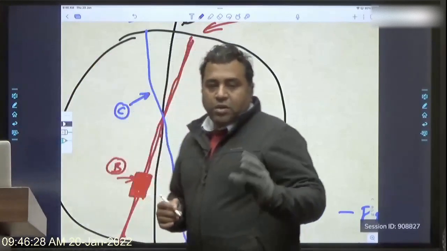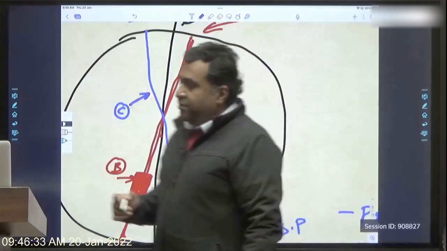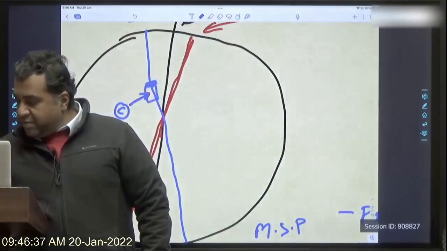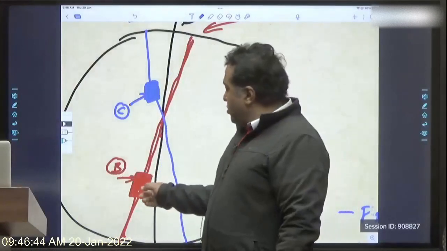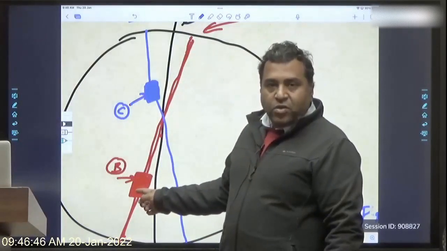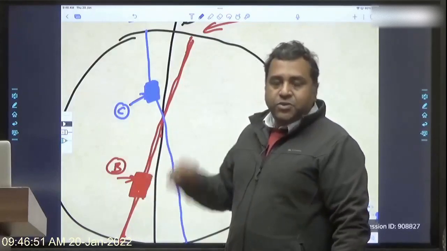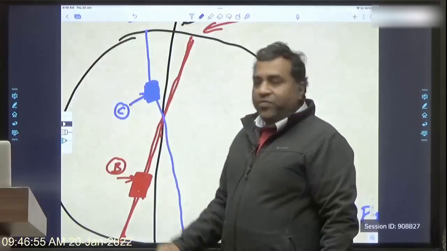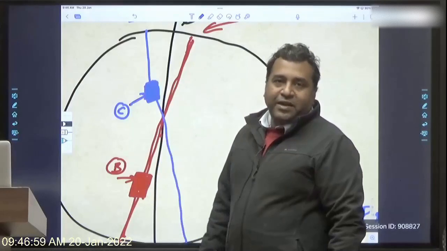The material that comes out at this place will align itself, and the magnetic rocks which come out of the eruption will align themselves like this. So if you go to this place, you will find the rocks magnetically aligned this way, whereas if we go to location C, we will find that the rocks at location C are aligned magnetically like this.